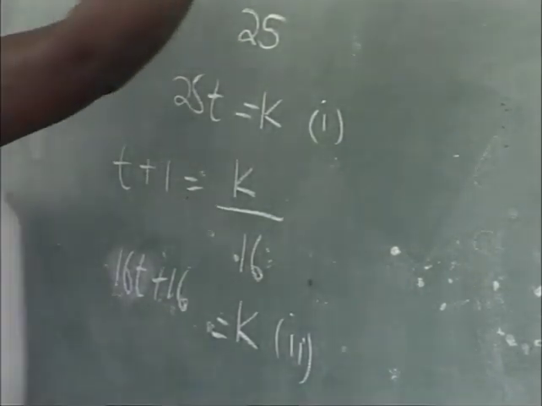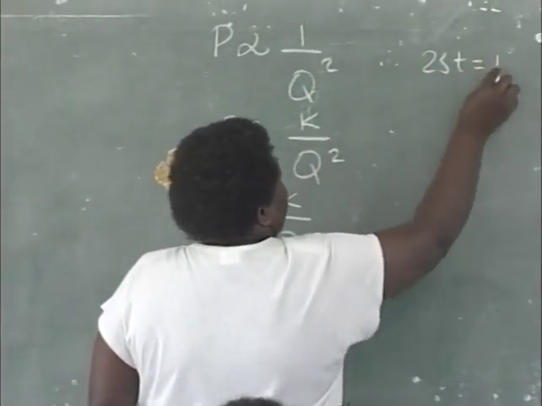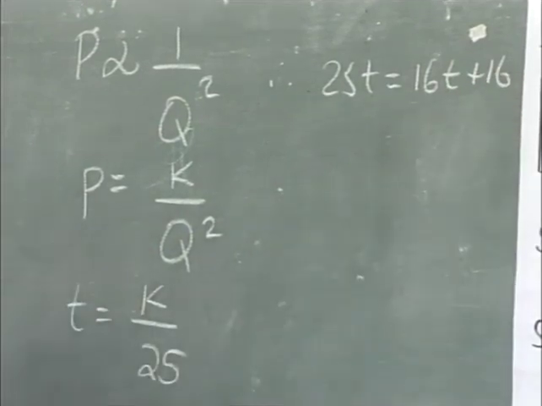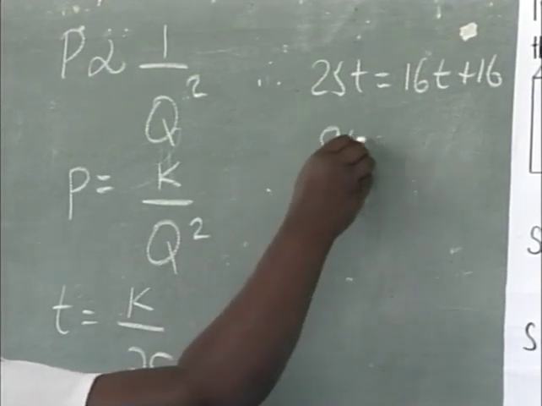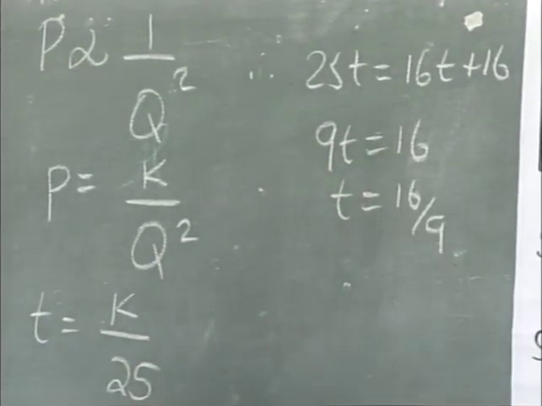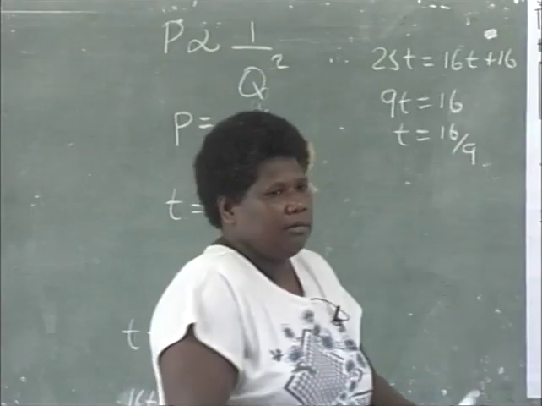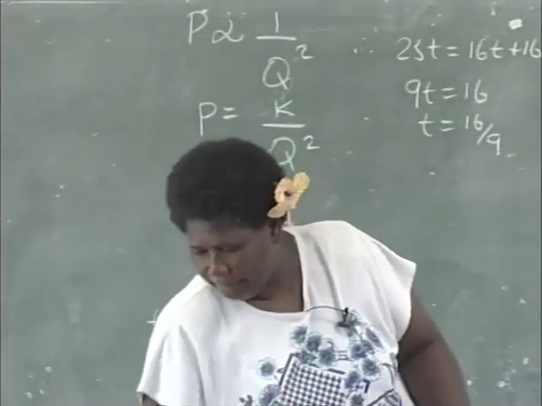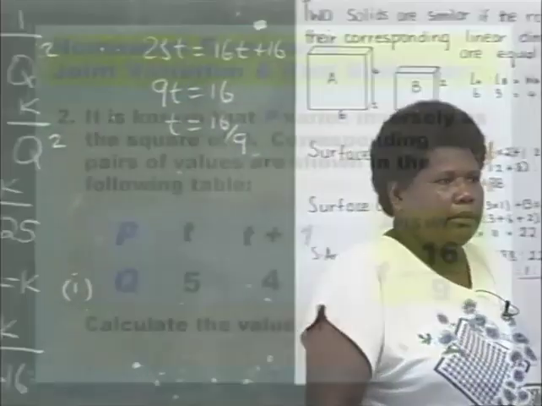So therefore, we can say that 25T is equal to 16T plus 16. Then subtract 16T on both sides, I get 9T equals 16, and T is equal to 16 on 9. Clear? Okay, that's how we get the value for T, which is 16 on 9.